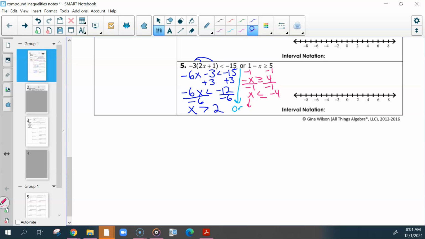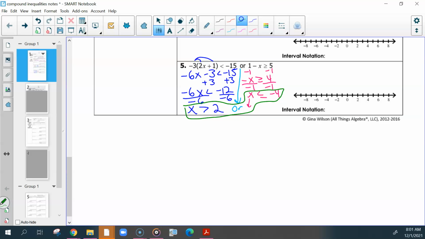So x is greater than 2, or x is less than or equal to -4. That would be our solution set.